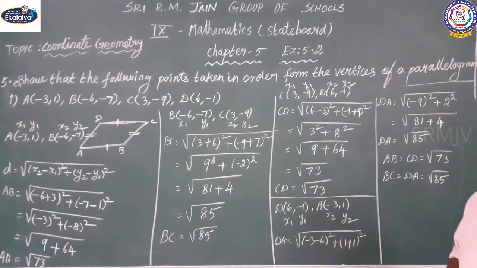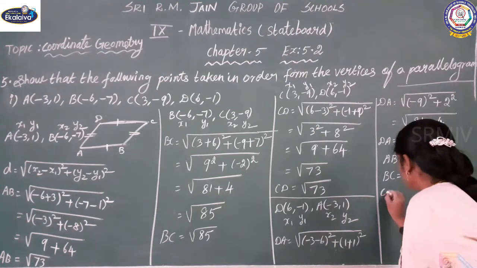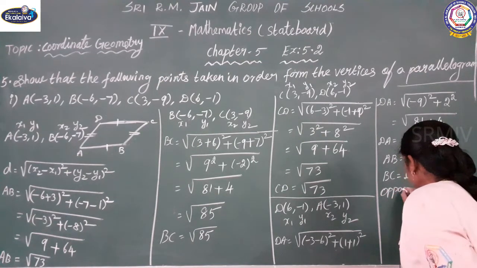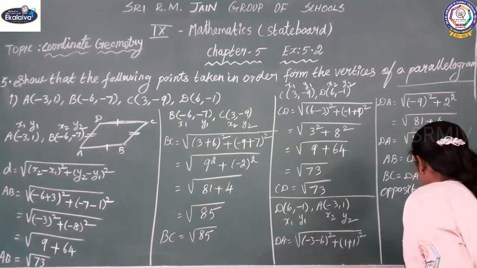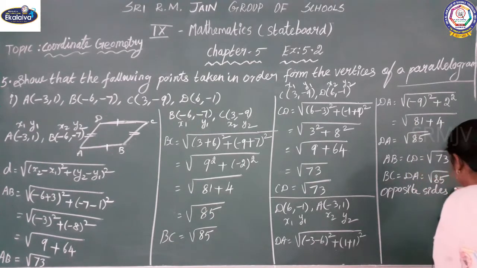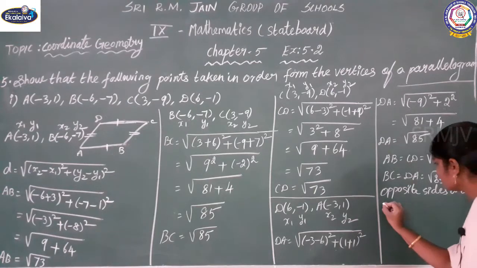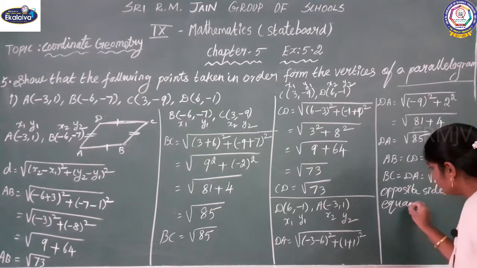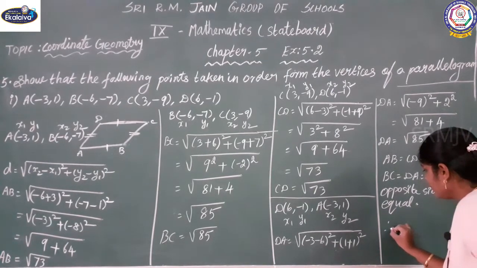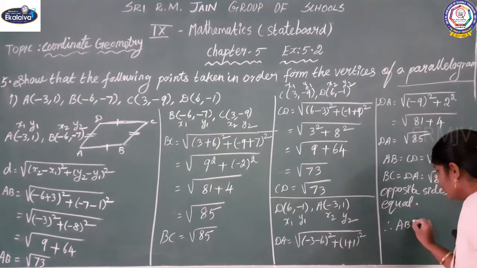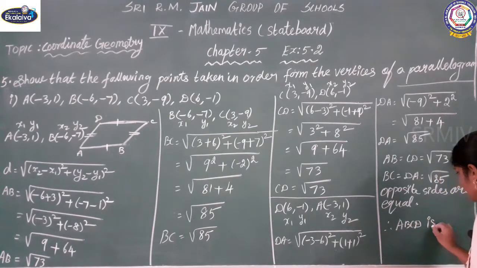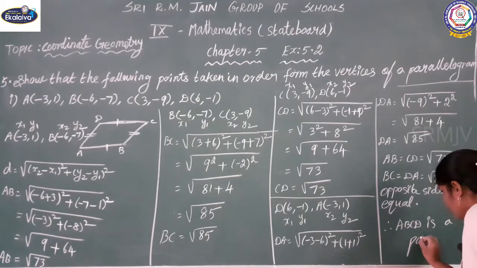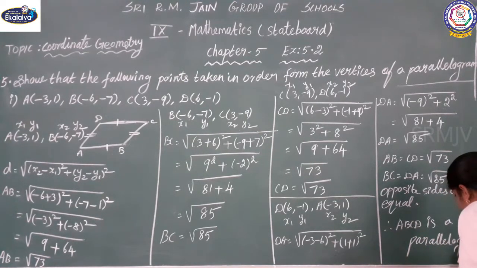So opposite sides are equal. Therefore, ABCD is a parallelogram. Is it clear?